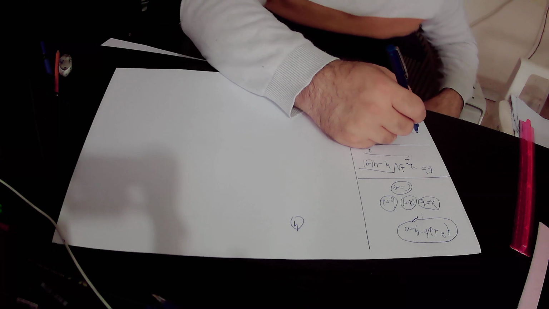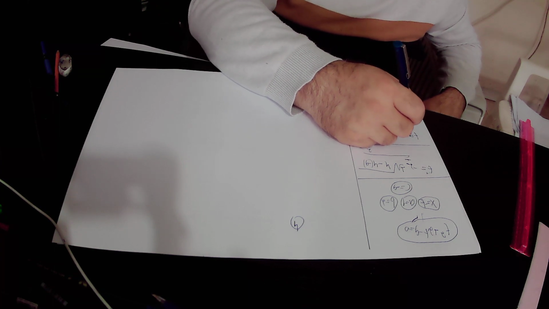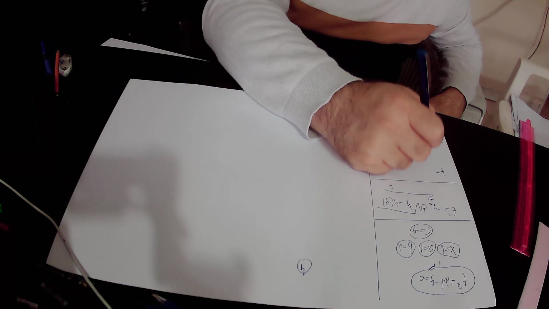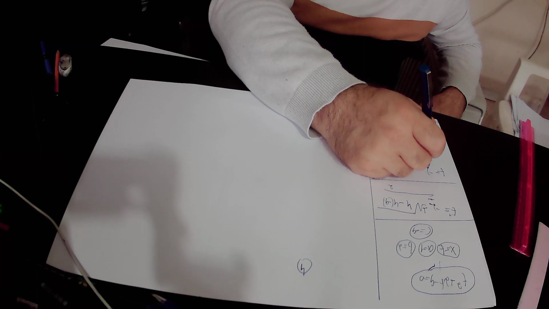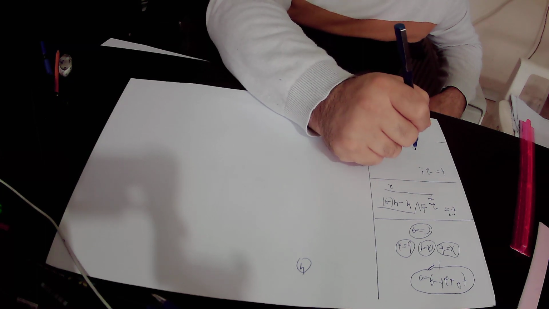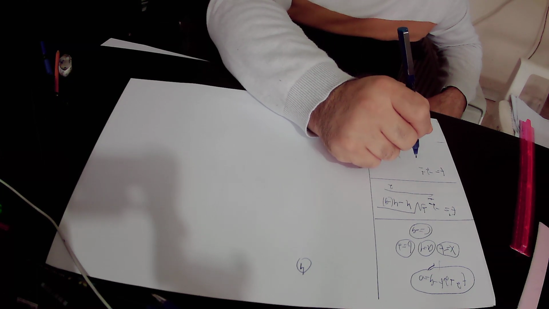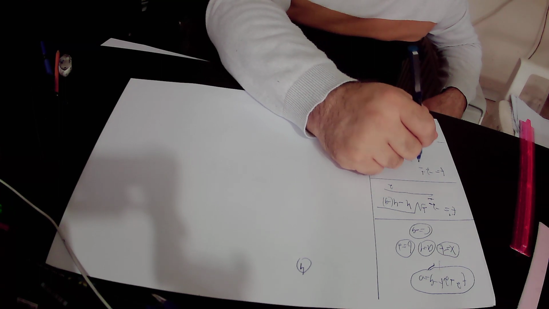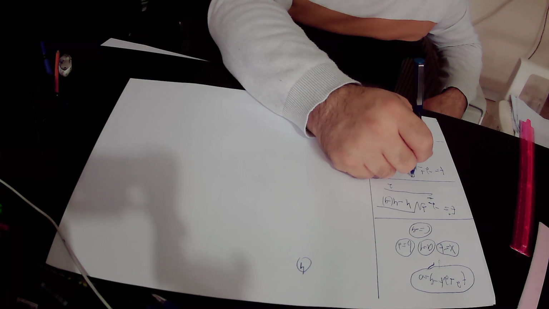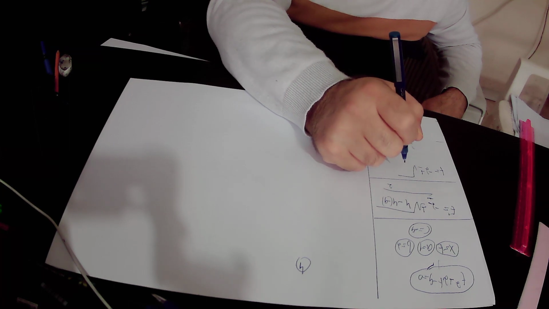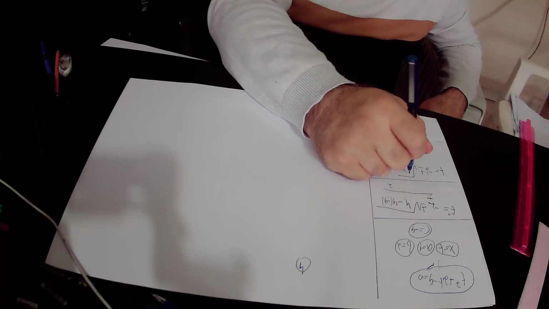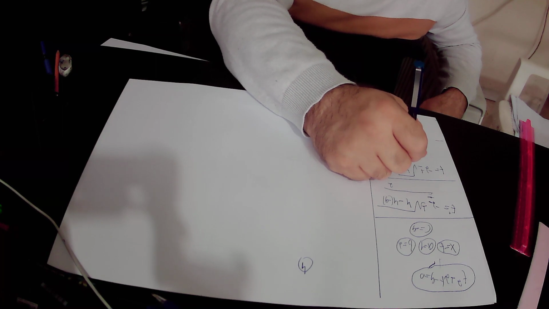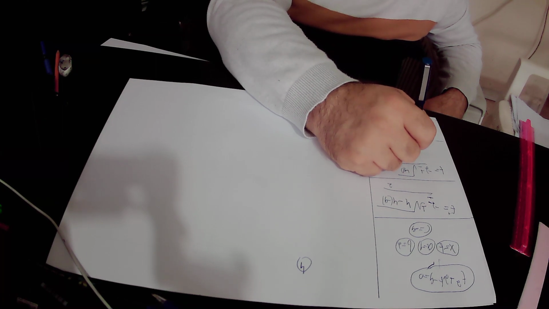So t equals minus 2 plus minus square root of 4 plus 36, which is 40, all divided by 2.